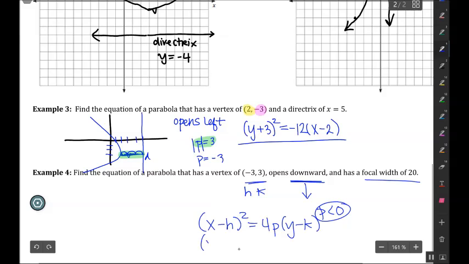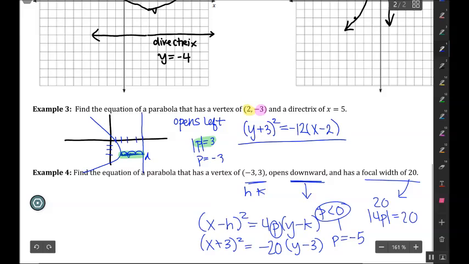So let's see, x minus h, which would be x plus 3, y minus k. And here, P, well, the focal width is 20. This is the absolute value for P. Since I know it's negative, P would have to be negative 5. So when I plug it in, there'll be a negative 20 there.